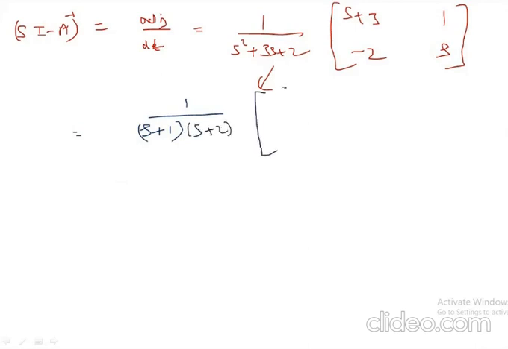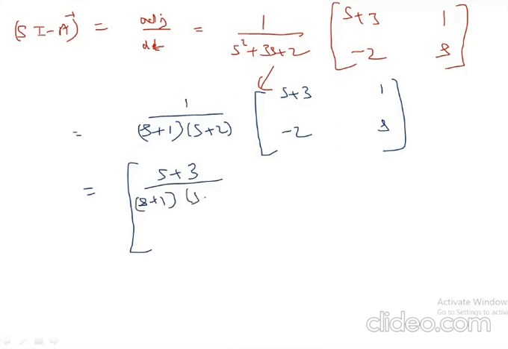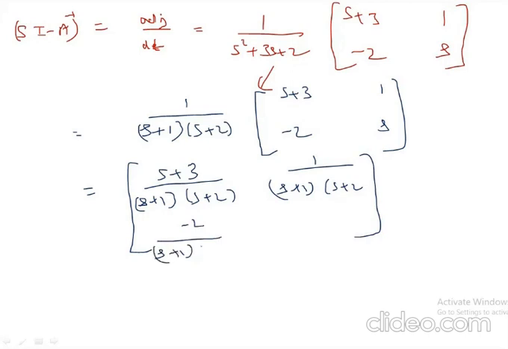With the adjoint s plus 3, 1, minus 2, s, if you do simple mathematics, you will get the final matrix: s plus 3 divided by (s plus 1)(s plus 2), 1 divided by (s plus 1)(s plus 2), minus 2 divided by (s plus 1)(s plus 2), and s divided by (s plus 1)(s plus 2).